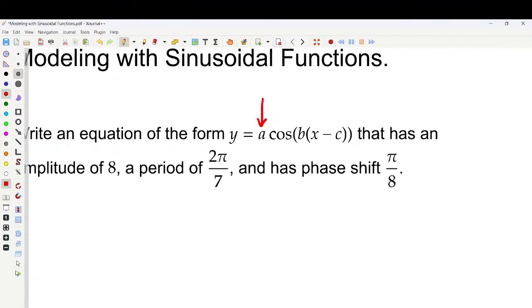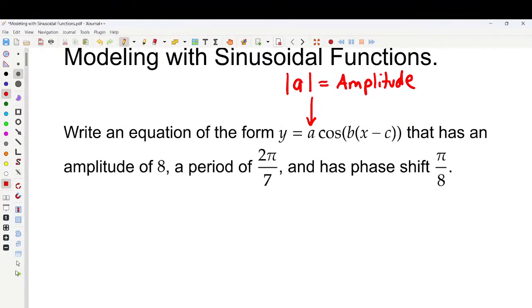This multiplier right there is your amplitude. So if we're told amplitude has to be 8, then A could be either 8 or negative 8.